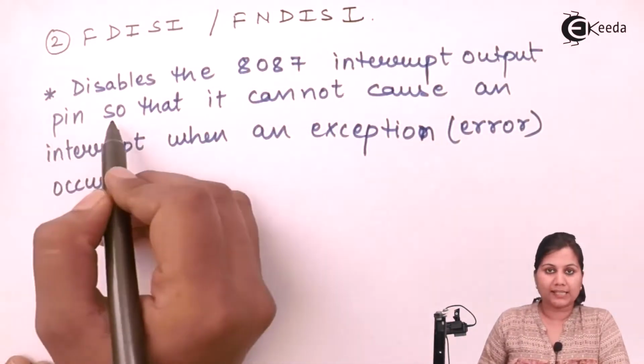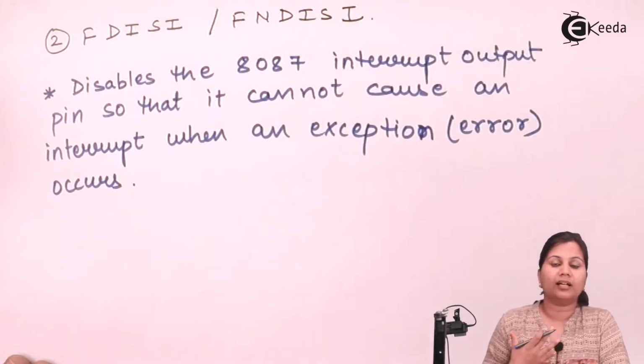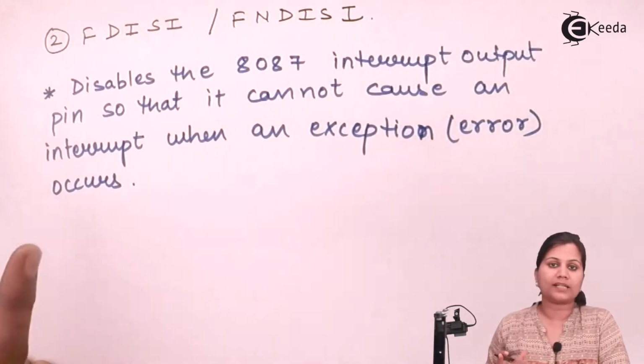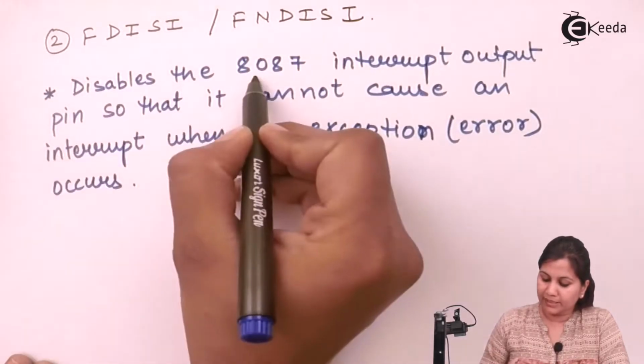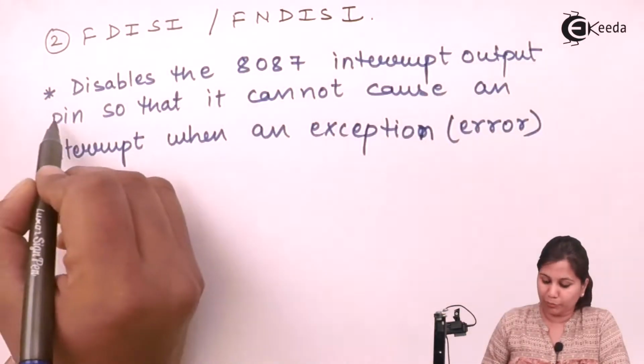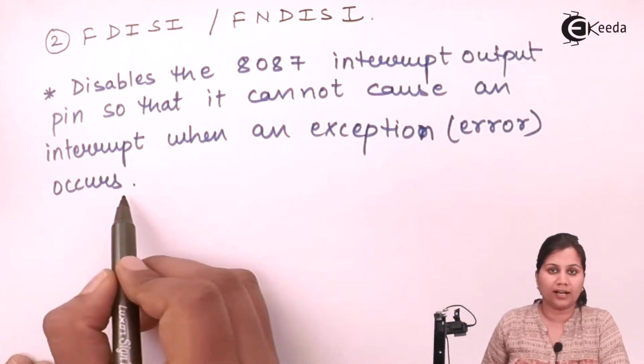When this pin is disabled, no interrupt, that is no exception or error occurring in the 8087, can cause an interrupt to the 8086. It disables the 8087 interrupt output pin so that it cannot cause an interrupt when an exception error occurs.